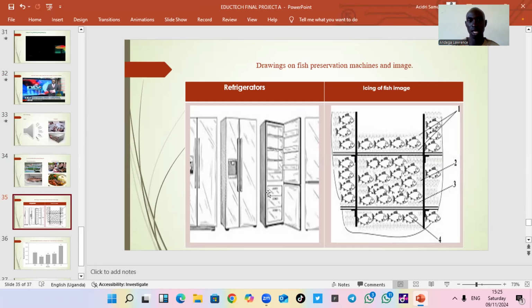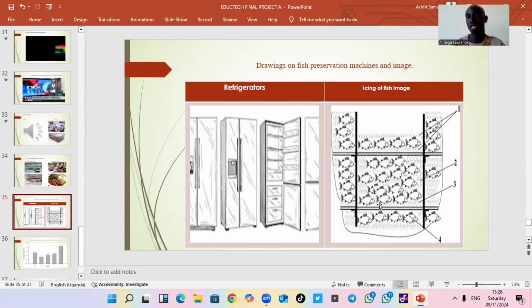And then this is where fish is iced, icing of fish image. So we can see here, there are steps. We have step 1, step 2, coupled with step 3. And then additionally, we have step 4, where fish have been fixed into ice to keep it for a longer period of time.